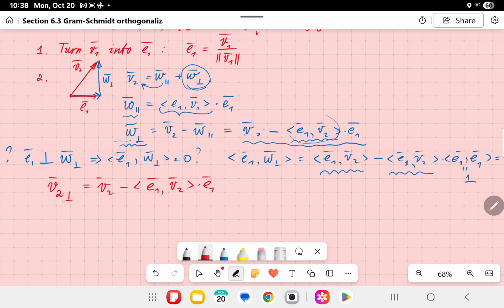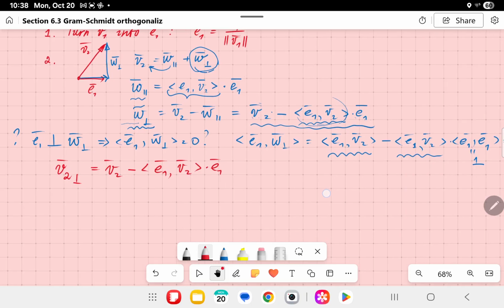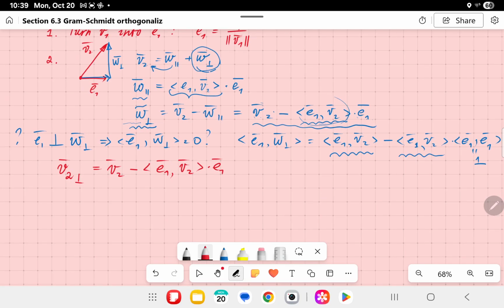So this vector is orthogonal to e1. We just checked it. But I'll need to make it orthonormal. So on my next step, step number 3, I have v2 orthogonal, but not normal.